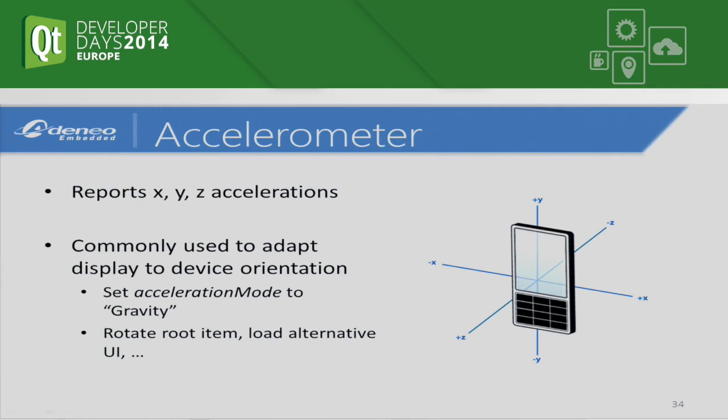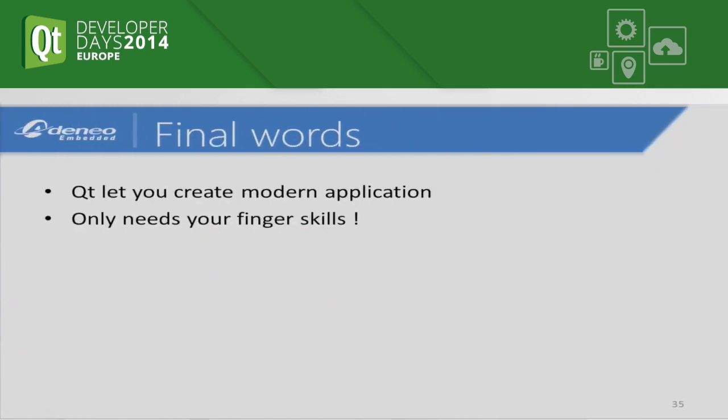Okay, and the last part is that Qt has all the tools to let you create your own modern feeling application. It's just about using them and sometimes adapting them a bit to your needs, but everything is already present.